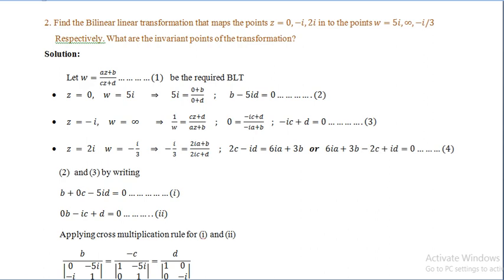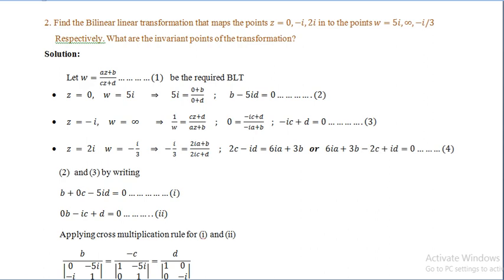So equation number 3. And last one, z equal to 2i, w equal to minus i divided by 3. So minus i by 3 equals (2ia plus b) by (2ic plus d). Again cross multiply these terms. 2ic into i is 2i square, i square is minus 1, minus into minus is plus here.